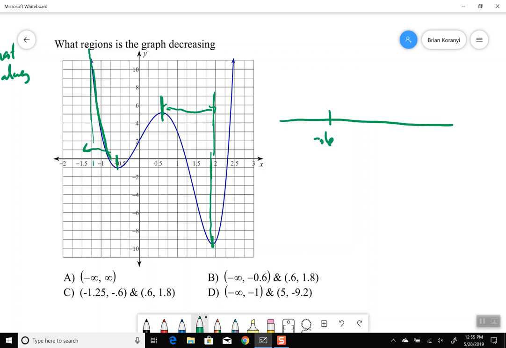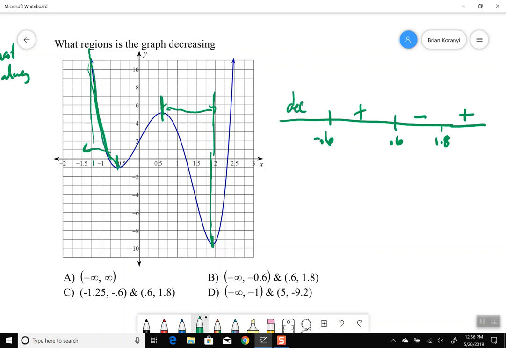To the left of negative 0.6, I was decreasing. And then from about negative 0.6 to positive 0.6, I was increasing. So increasing from there. 0.6 to about 1.8, I'm decreasing. And from 1.8 on, for those x values, I am increasing.